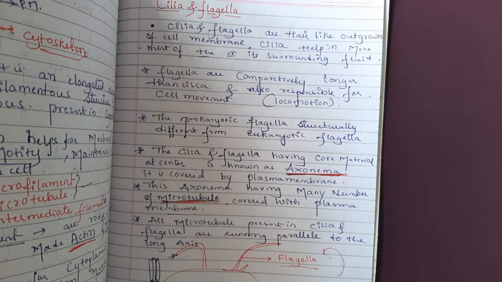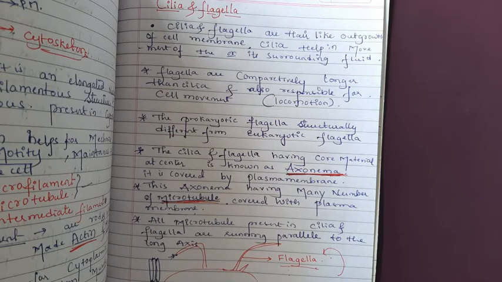The prokaryotic flagella are structurally different from the eukaryotic flagella. The cilia and flagella have a core material.